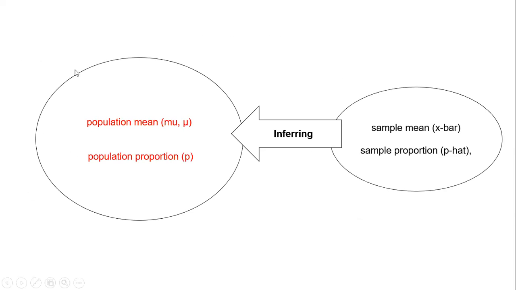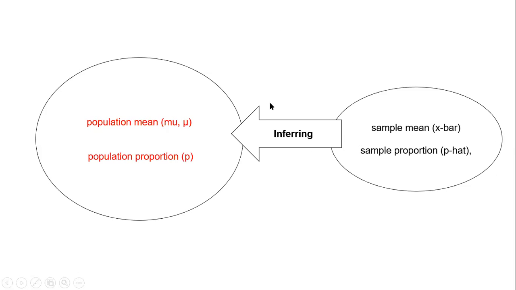These are some very important parameters, the parameters of a sample. Normally, the parameters of a sample are the sample mean and the sample proportion or probability of the sample. For the sample mean, we use X bar, and for the sample proportion, we use P hat.